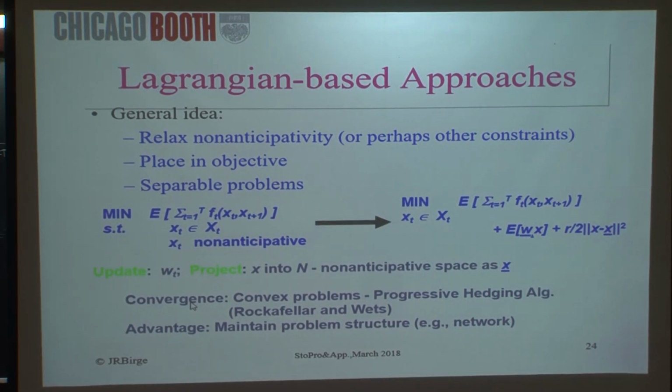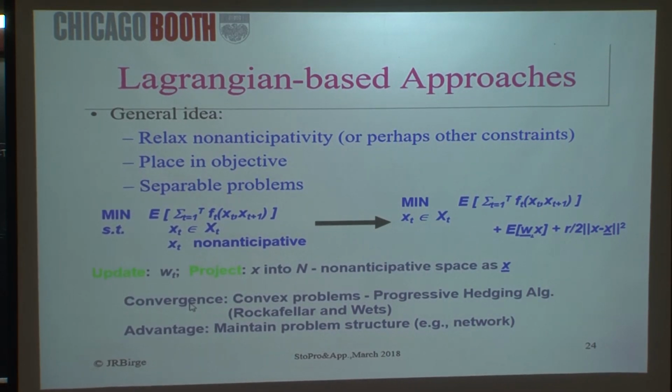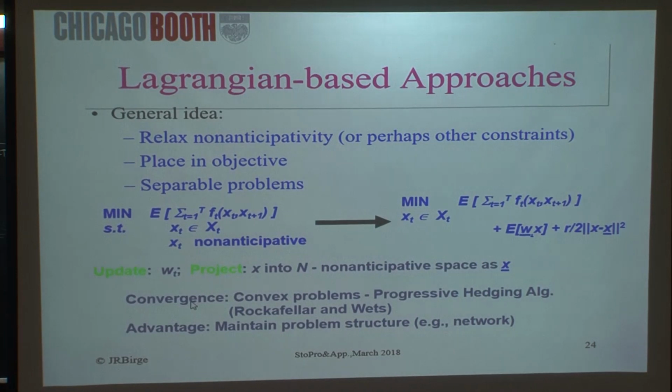So it could be a whole week, like 168 hours worth of time periods. And so you'd have 168 different stages of those problems. And they solve it by decomposing each one into individual plants and individual scenarios.